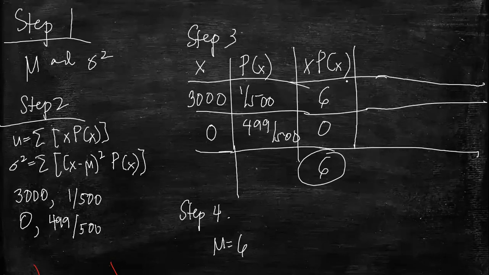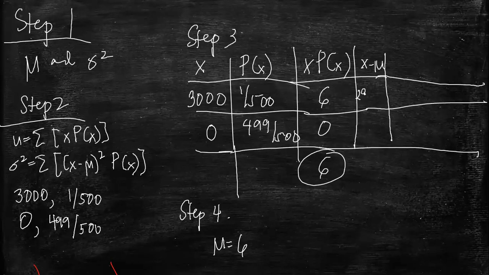Okay, gamitin natin yung mu na yon. So, we have x minus mu. So, we have 2994 po, and negative 6. Oh my God, square natin ng pagkalaki-laking number na to. Okay, so square natin yon.